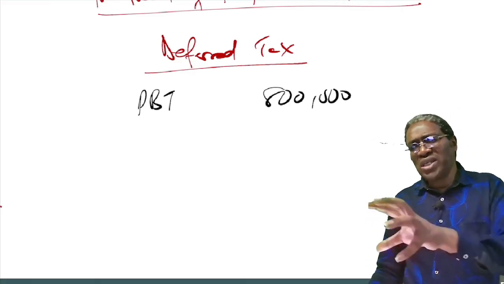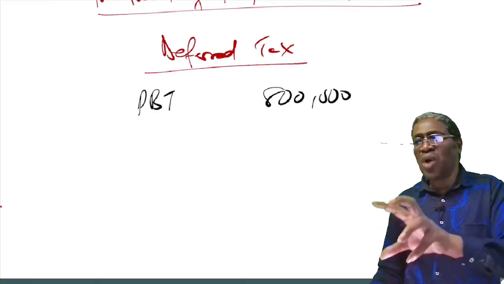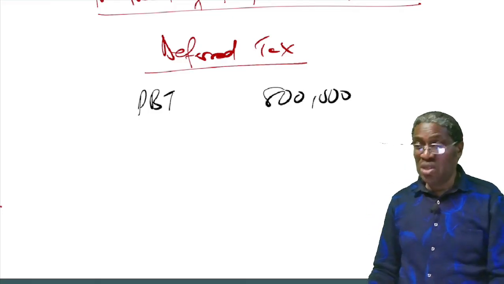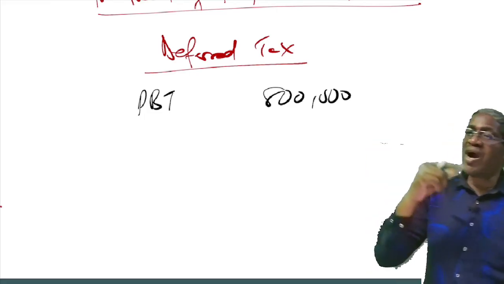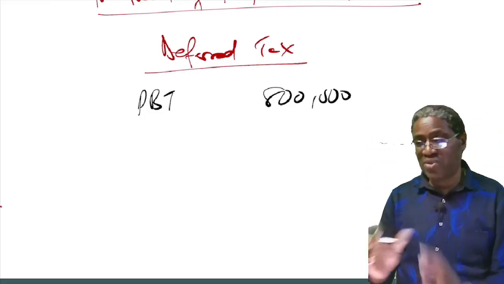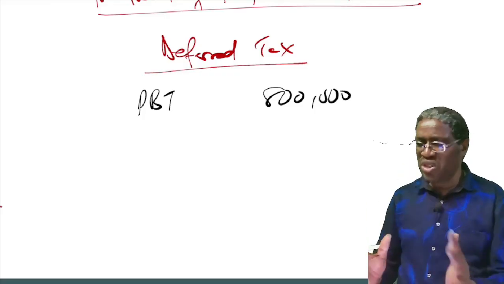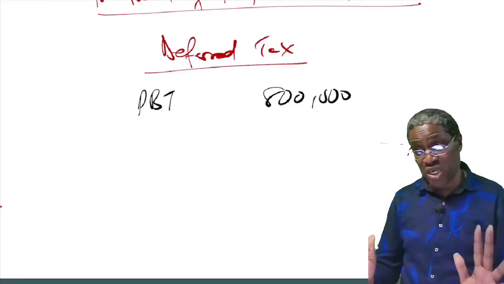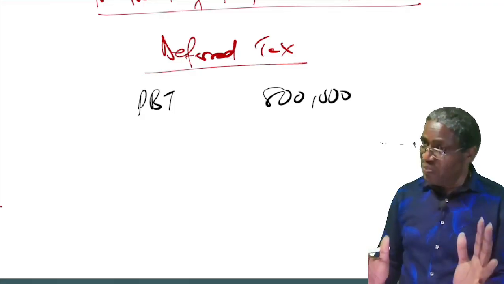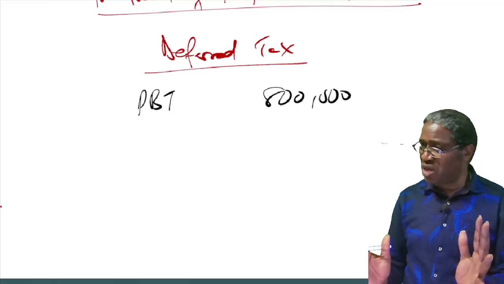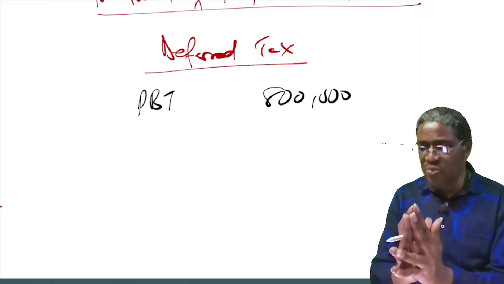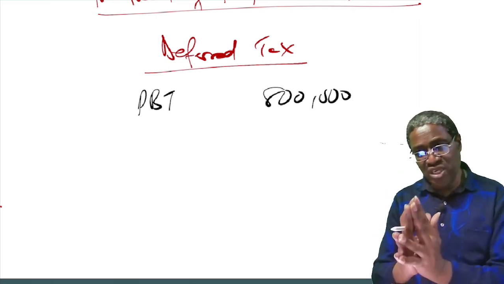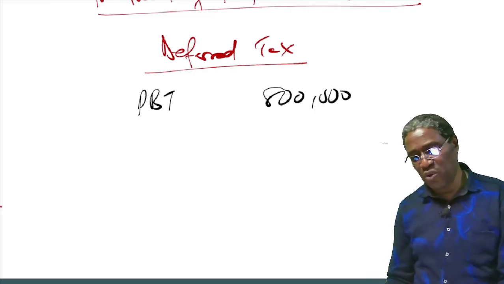Why? Because this 800,000, which is your accounting profit, you determined it using your normal rules of accounting principles and concepts, which is okay. Whenever a company is preparing the financial statement called income statement, they follow their normal accounting principles and concepts. So you determined and you made a profit of 800.